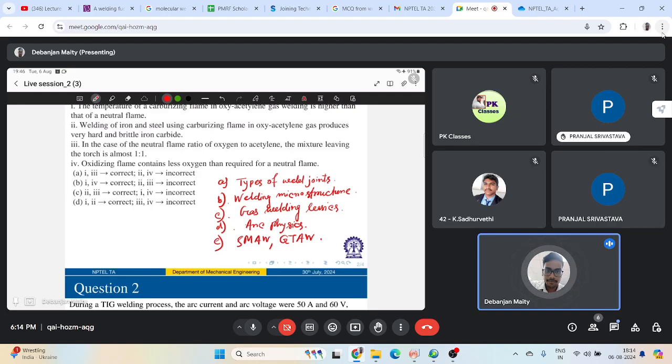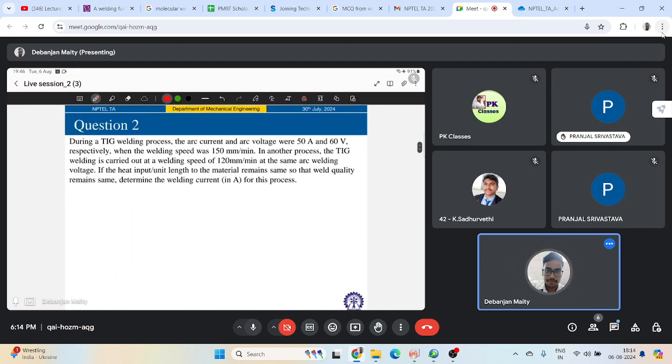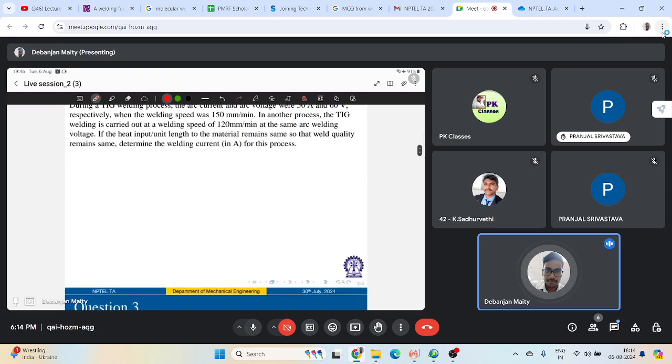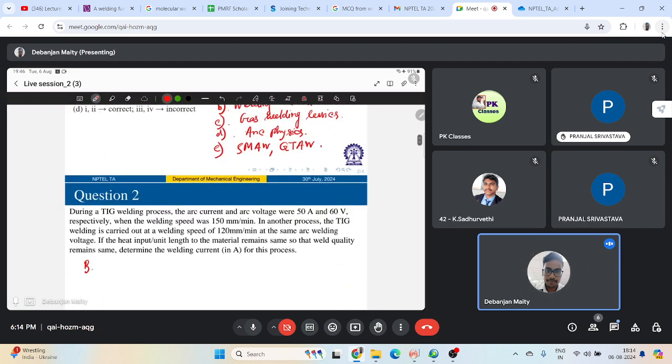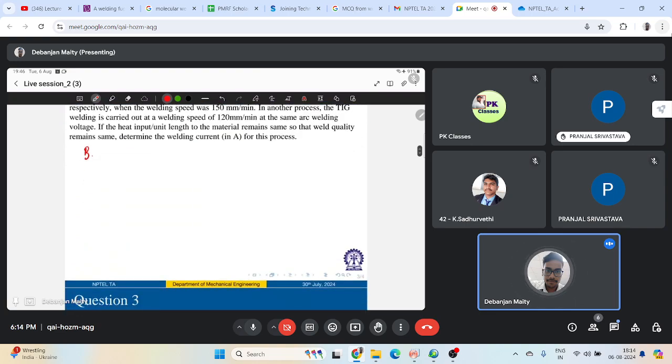Now let us talk something on these types of weld joints, right? In terms of types of weld joints, what are different types of joints you are aware of? Mainly there are four different types of weld joints. Let me write it down in this way.